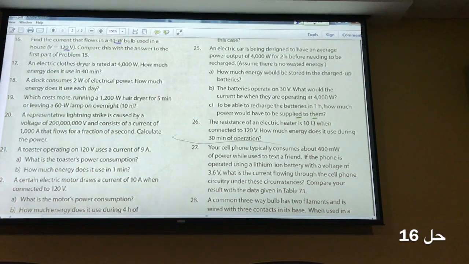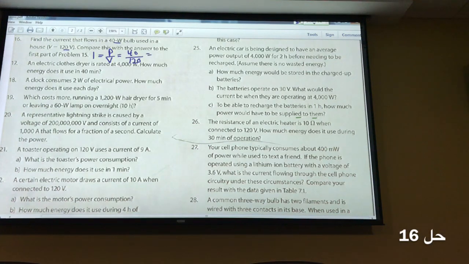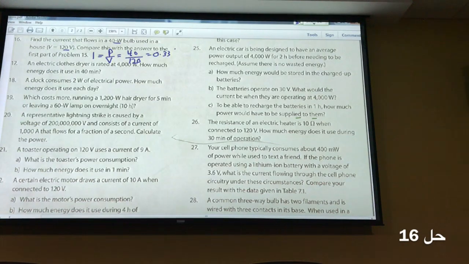I want you to find the current, which equals P over V. 40 over 120 equals 0.33. What's the unit?